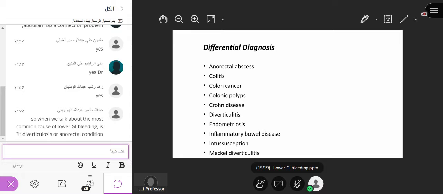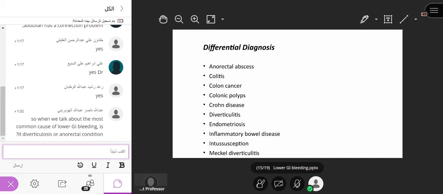So as a whole, the differential diagnosis includes anal abscess, with some amount of reddish discoloration that may lead to hematochezia, colitis, colon cancer, polyp, Crohn's disease. In inflammatory bowel disease, Crohn's and ulcerative colitis, blood is usually mixed with feces, but it may be isolated without feces.